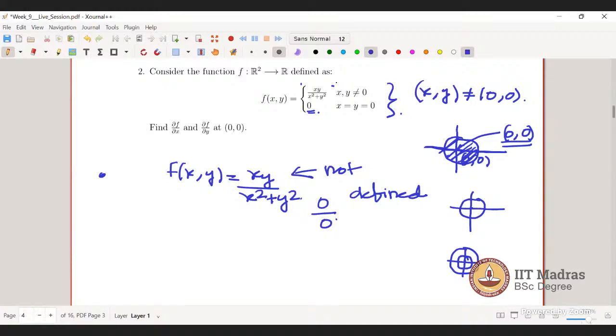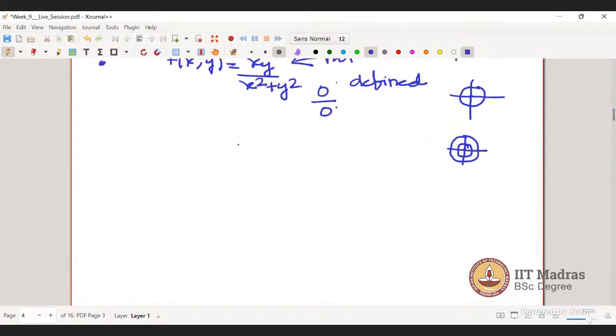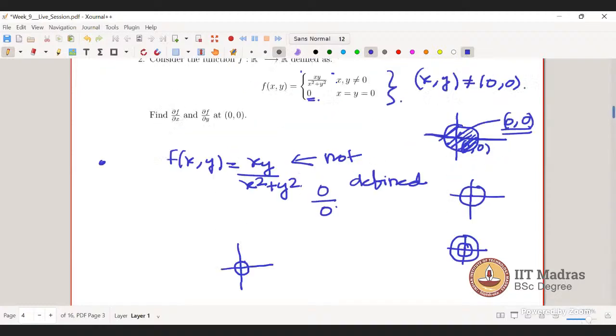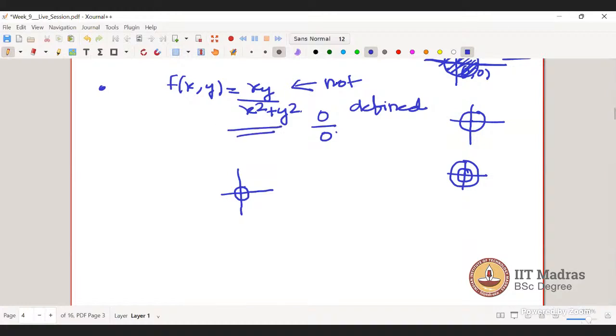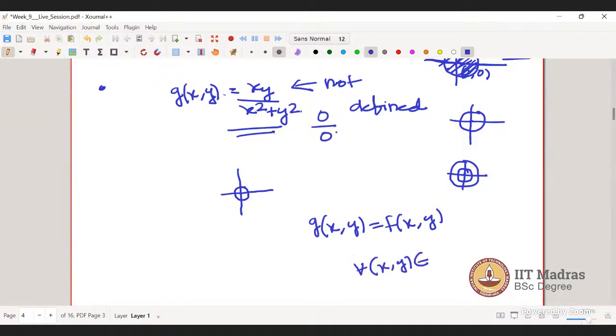It should hold for at least one open ball means that you can get a circle such that the value of this function is the same as the value of this function for all x comma y in this ball.